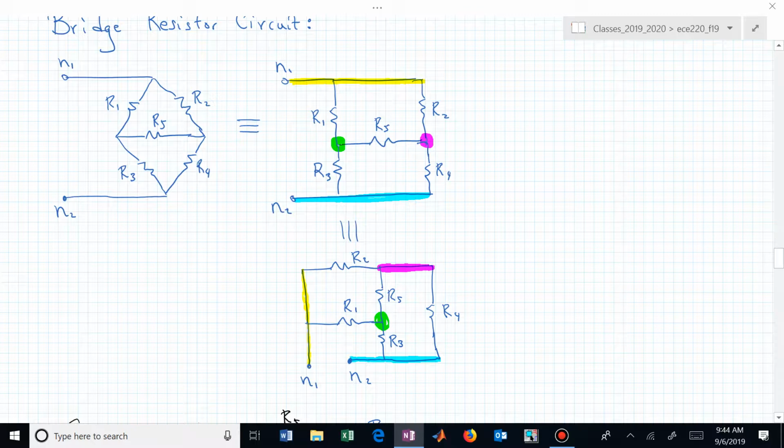And finally, the blue highlight really just stays put. It's now R4. I'm making the wire connecting R4 and R5 and R2 a little bit longer on the R4 side and bending it so that it now allows R4 to be isolated on the right.